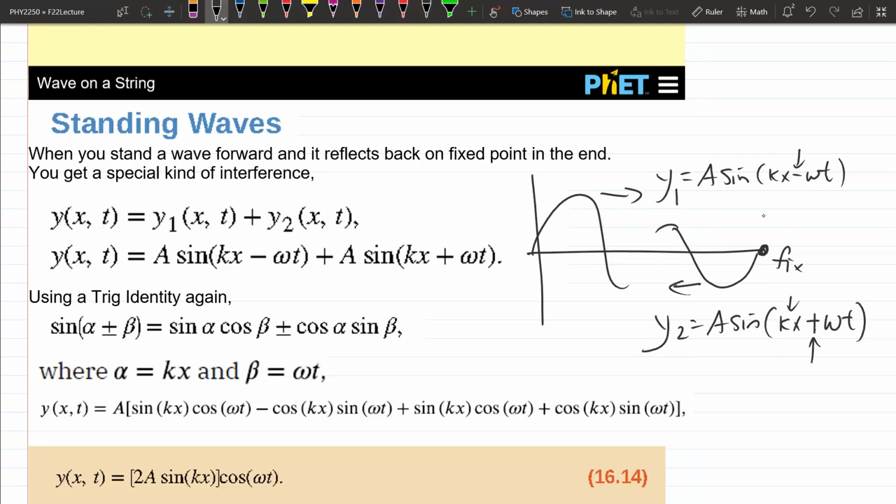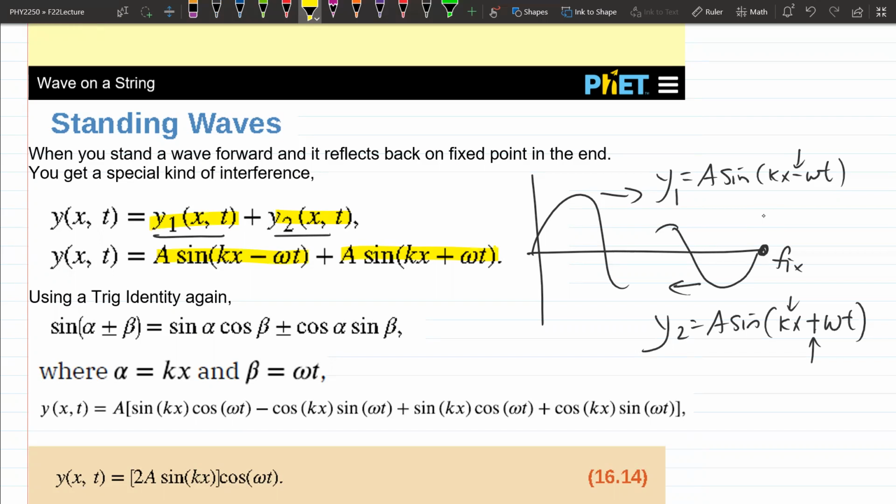But since it's a wave moving to the left, the sign between kx and omega t is positive, okay? When you superimpose these 2 waves together, you add them together like this. This is the right-going wave, and this is the left-going wave, right? And once again, we're going to use a little trigonometry identity. This time, it's the sine of alpha plus beta, or sine of alpha minus beta.